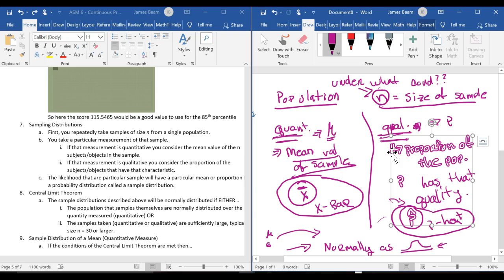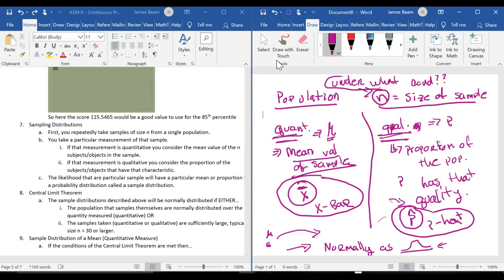Okay, so the part of this that we have to answer first is under what conditions.